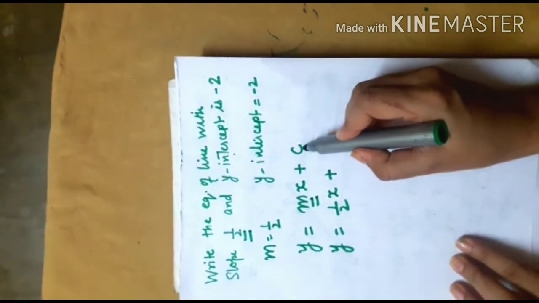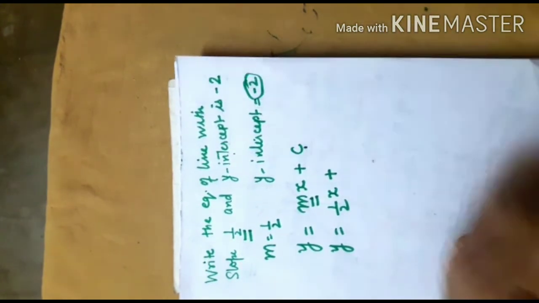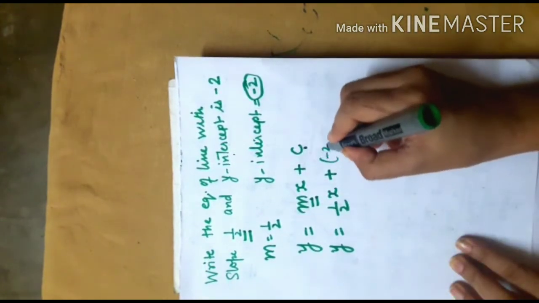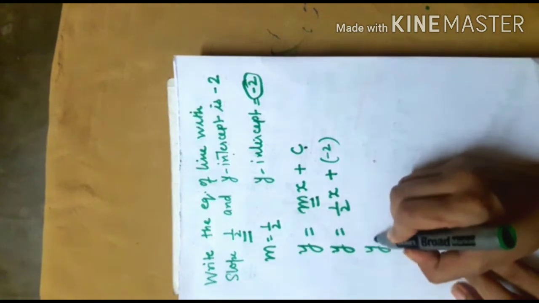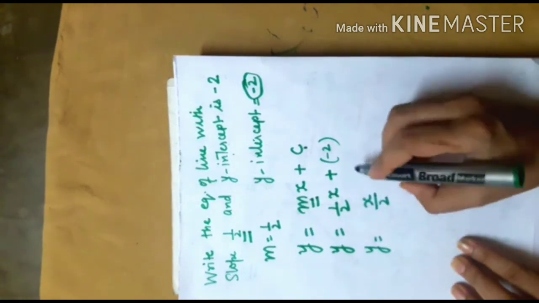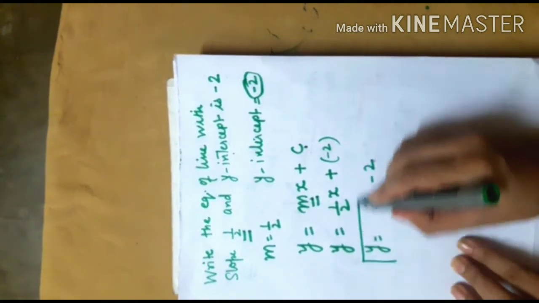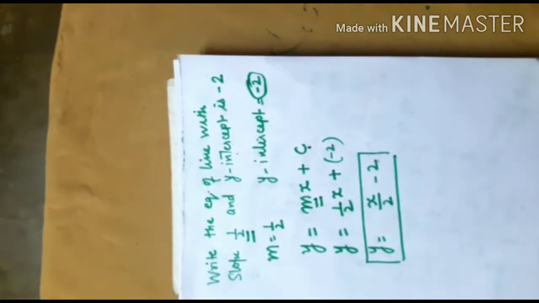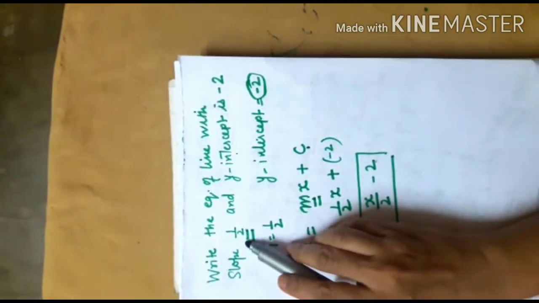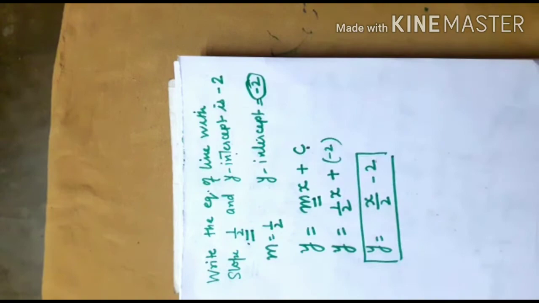And here c is the y-intercept whose value is -2. So y equals x/2 minus 2. This is the equation of the line with slope 1/2 and y-intercept -2.